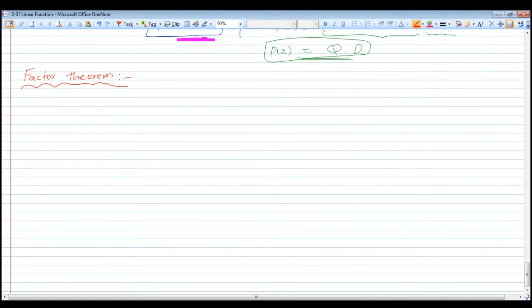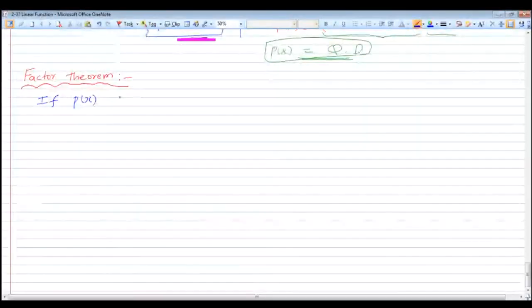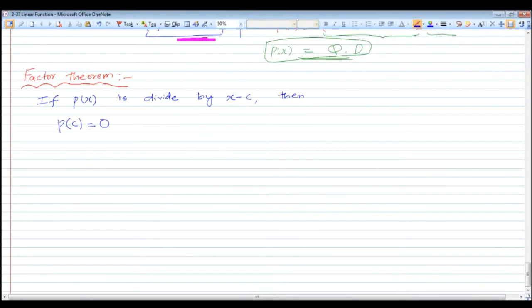Okay. If P of X is divided by x minus c, then P of c is equal to 0, necessarily.